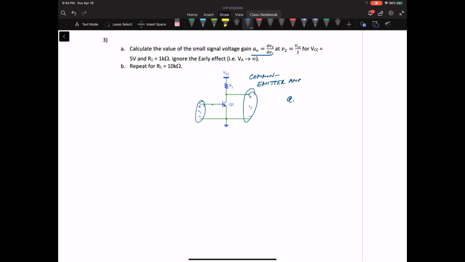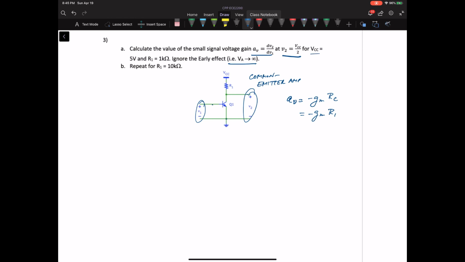Since we know it's a common emitter amp, we know the gain is minus gm times R sub C. Because the early voltage is infinite, we only have to worry about R1 as the resistance on the collector. So it's minus gm R1. We want to figure that out when the output voltage is biased at VCC over 2, with VCC at 5 volts.